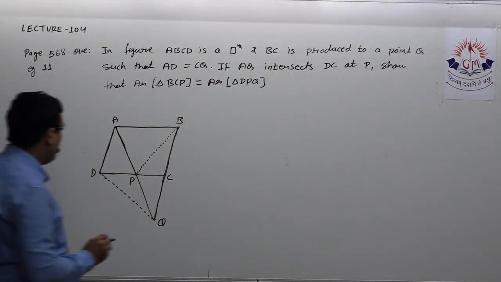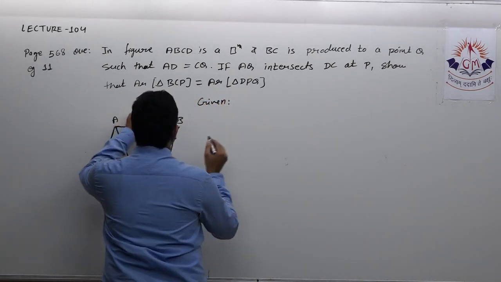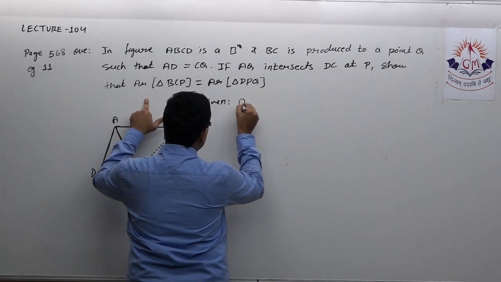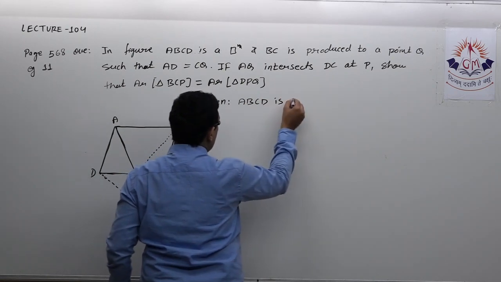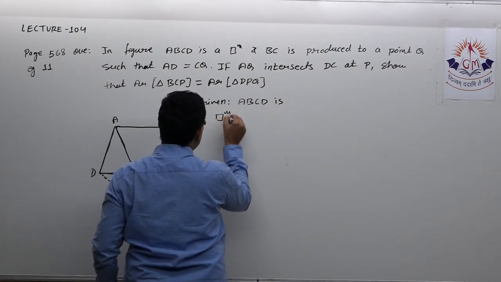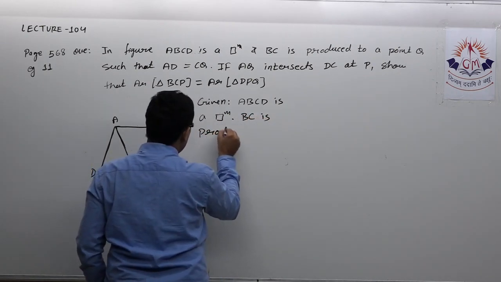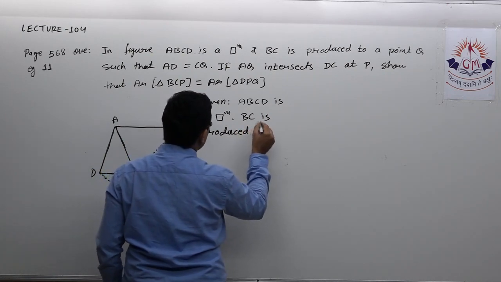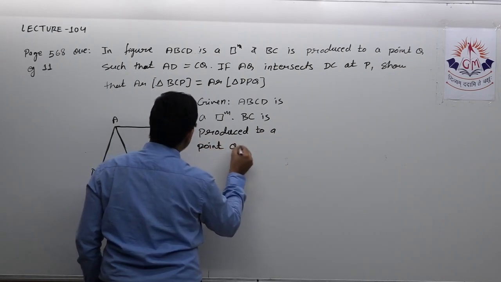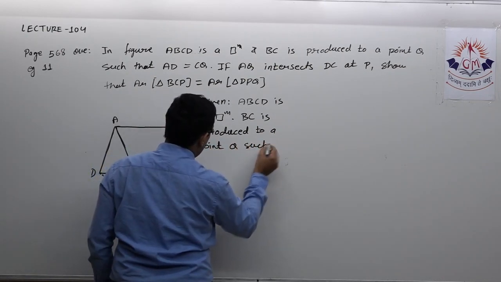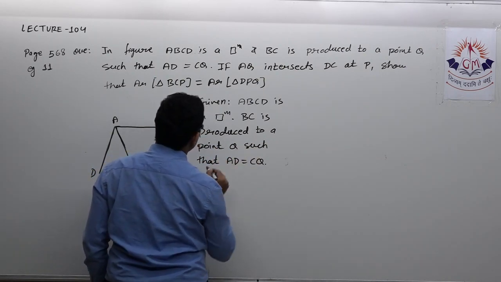Okay, so let us see how to solve this. Given: ABCD is a parallelogram, BC is produced to a point Q such that AD is equal to CQ.